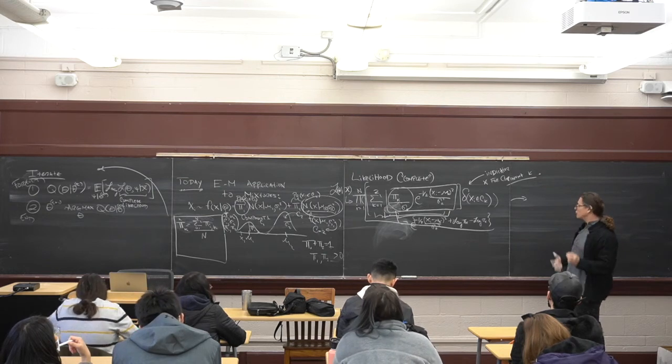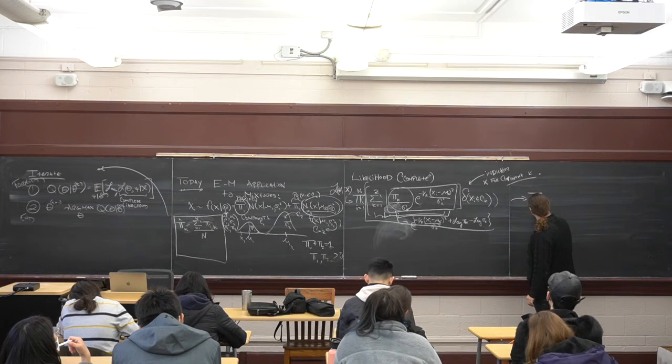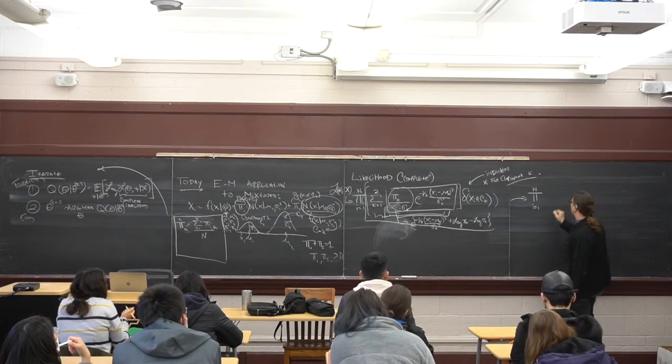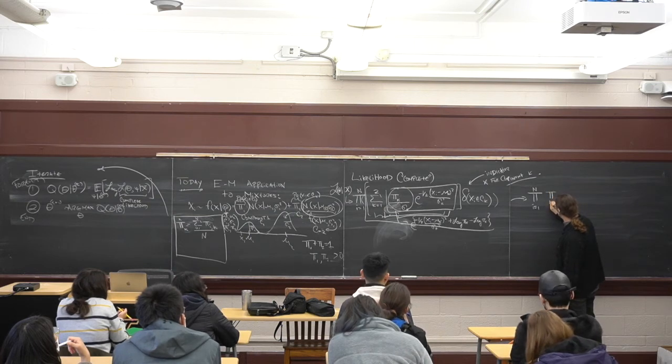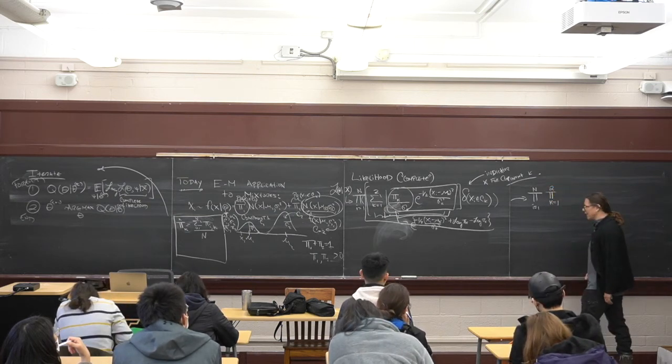I'm going to just change this into product form. You can convince yourself that this is exactly the same thing. i goes from 1 to n, haven't changed anything there, and I'm going to change this into a product. My cap K is 2.